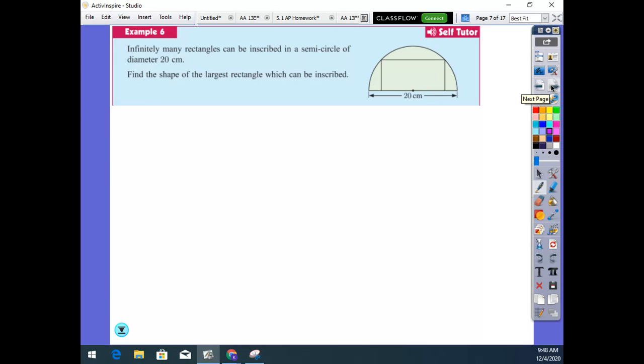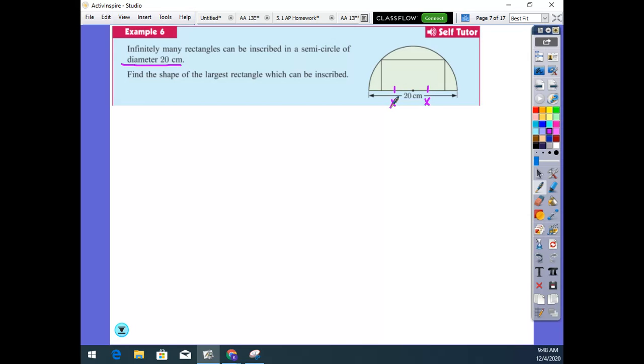Infinitely many rectangles can be inscribed in a semicircle of diameter 20. This diameter 20 is going to be important in a minute. Well, it's always important, but we're going to use it in a couple ways. The question is, where do I put the height to make my rectangle? It can be anywhere. All right. So we know that this side and this side will be congruent, and this we'll call x.